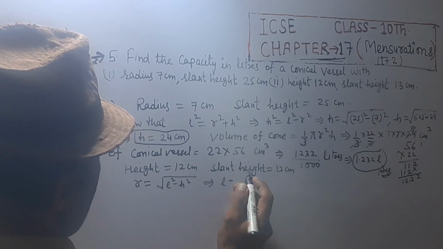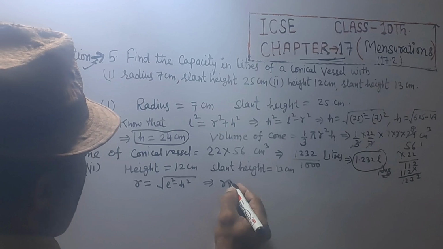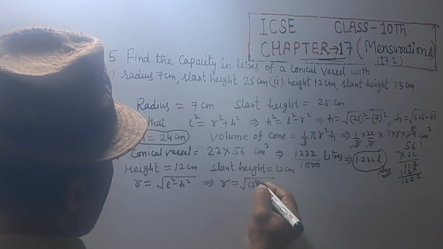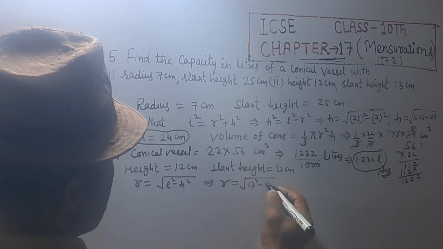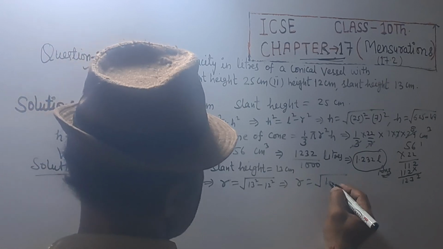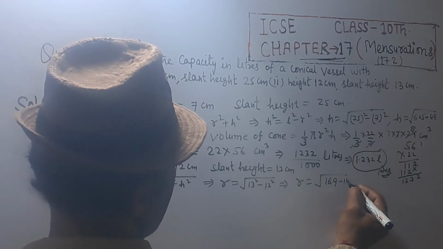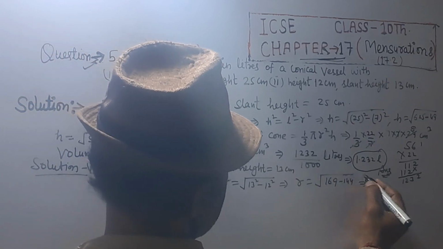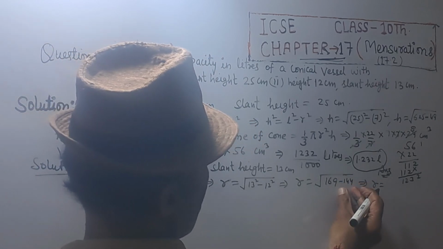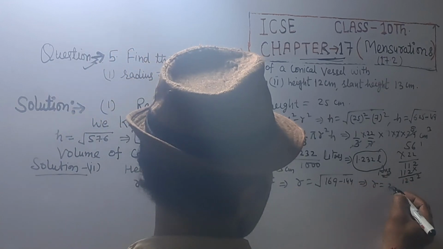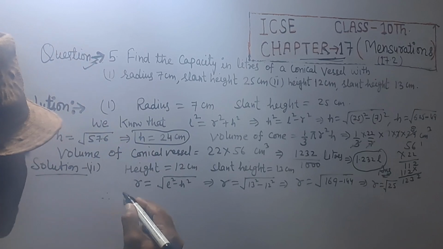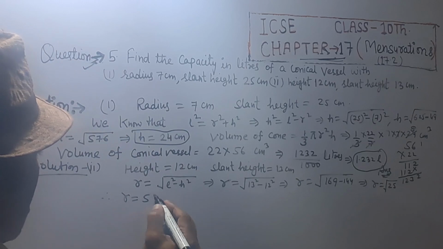So R is equal to L, the slant height, 13 square, minus height 12 square. R is equal to 169 minus 144, which is 25 under root. So R is equal to 5 centimeter.